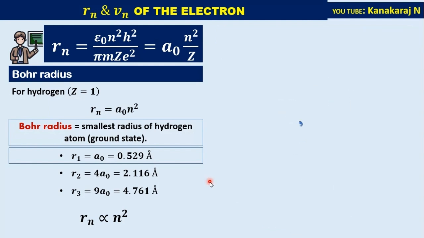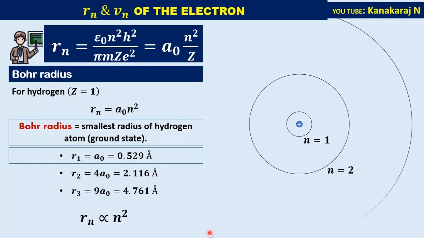Here you have the nucleus with the first orbit where n equals 1, the second orbit where n equals 2, and the third orbit where n equals 3. The electron revolves in the third orbit. The radius of the first orbit is simply R1 equals 0.529 Angstrom.